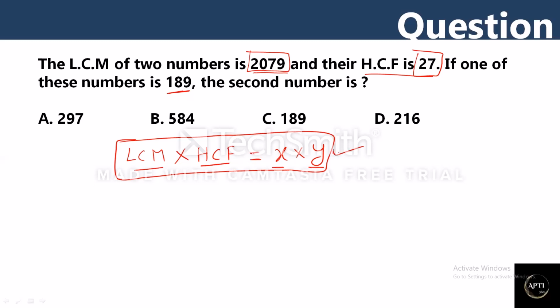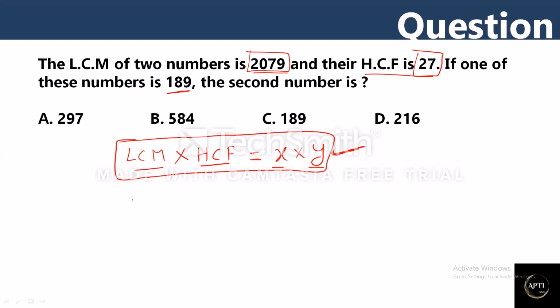This is a very important formula, and if you know this, it will be a matter of seconds to calculate. But most of the students will directly substitute the values and directly multiply. So we'll try to solve it using this formula.